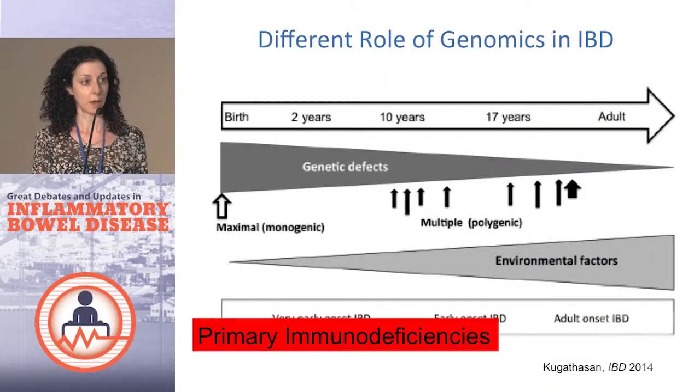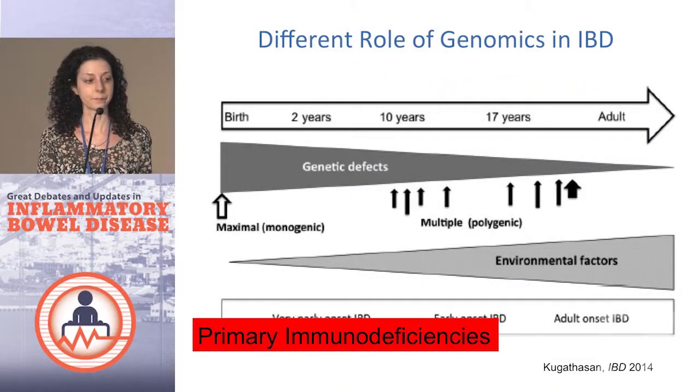Versus kids who are diagnosed at a very young age, less than 5, but a very different subset, less than 2, tended to have a Mendelian or monogenic inheritance involving genes of the primary immunodeficiency pathways, so not necessarily the same 163.